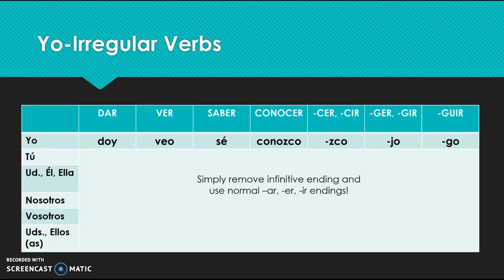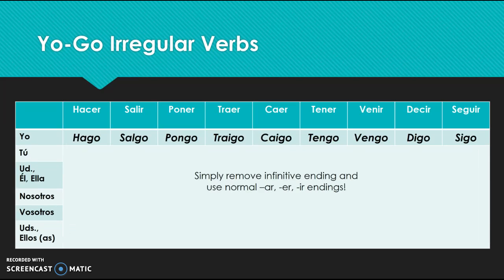So we start back at the beginning, we remove the AR, ER, IR, and we add the normal AR, ER, or IR endings everywhere but the yo form. Now, yo-go verbs are similar. They are also only irregular in the yo form, and these share a commonality in that every single one of them ends in GO.